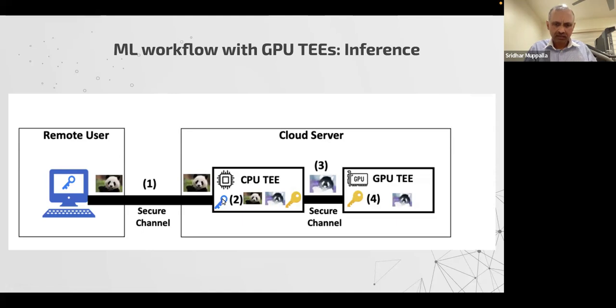So how does the shared key between the remote user and the CPU TEE come into the picture? The end user typically uses the TLS protocol to establish this secure connection. The TLS protocol involves first establishing the TCP three-way handshake between the remote user and the CPU TEE, where there is a process running on top of the CPU TEE.